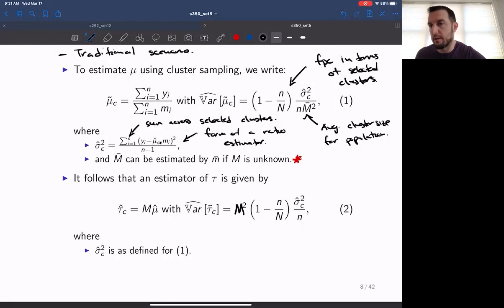So basically, we're just going to say the estimate of the total is equal to the estimate of the mean from the cluster sampling approach multiplied by the total number of observations within the population. This is basically the same definition that we saw in the SRS case and the stratified case, even for ratio estimation. We're just multiplying the mean by the total number of observations within the population. And then if we apply that to the variance, we end up with m squared outside.